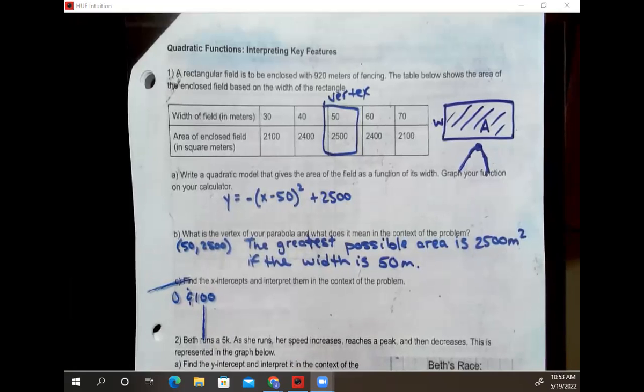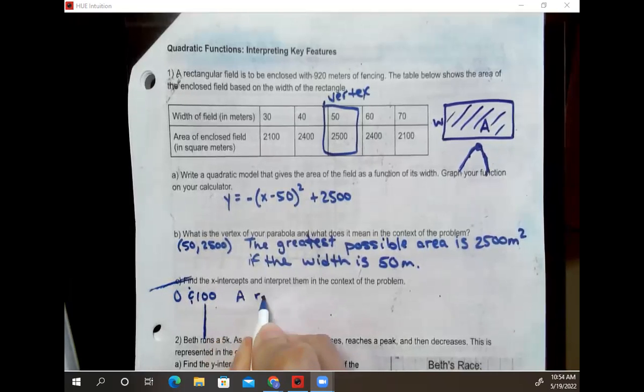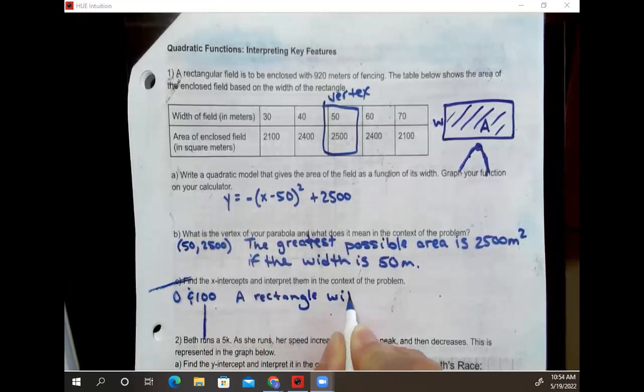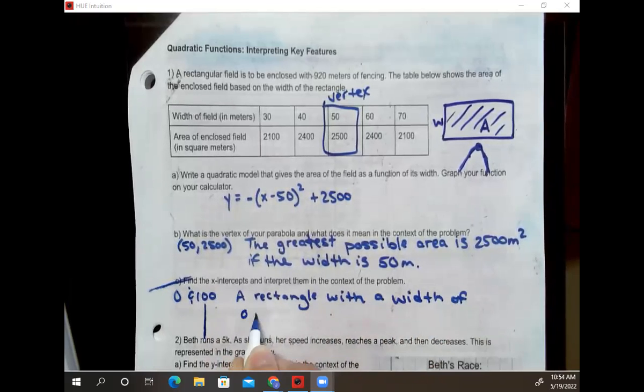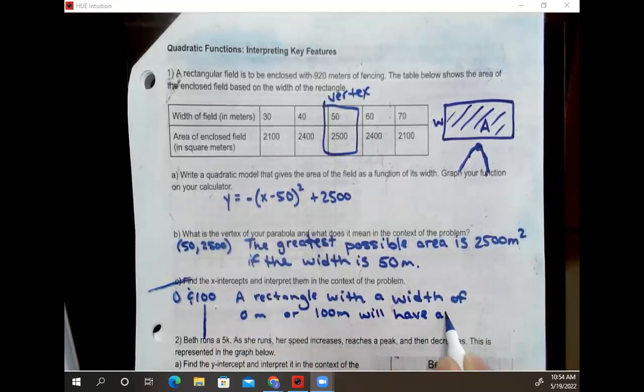So my x-intercepts here would mean that a rectangle with a width of 0 meters or 100 meters will have an area of 0 meters squared.